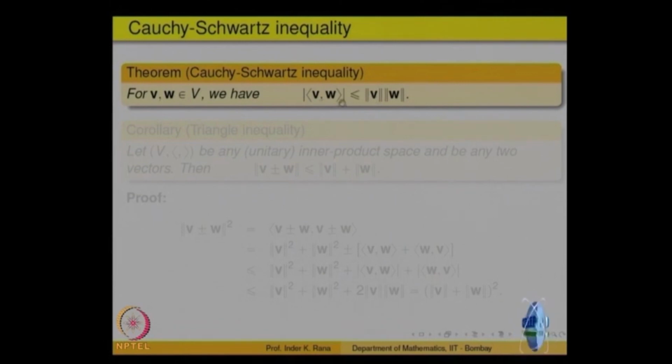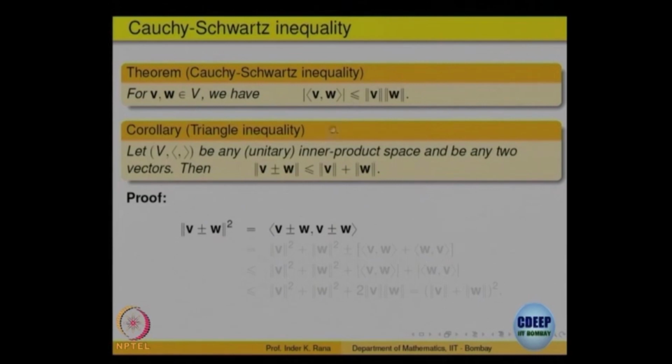The absolute value of the inner product of v and w, which is a real or a complex number, is less than or equal to norm v times norm w. Just as A dot B in the real line, its absolute value is less than or equal to norm A norm B. That is what we call the Cauchy-Schwarz inequality, and using it one can prove the triangle inequality, that the length of v plus w or v minus w is less than or equal to this.